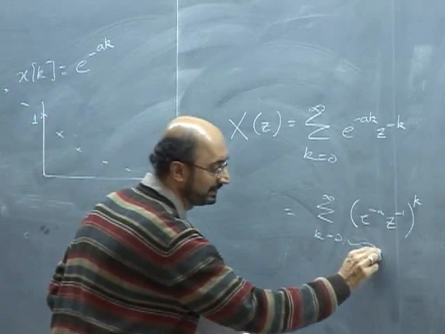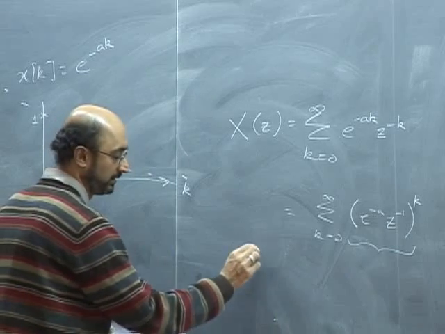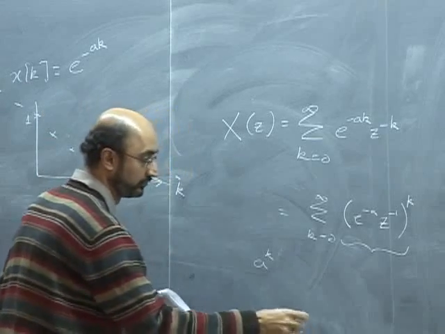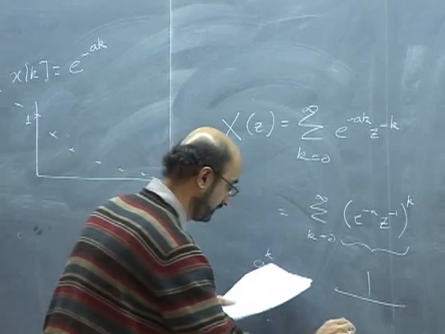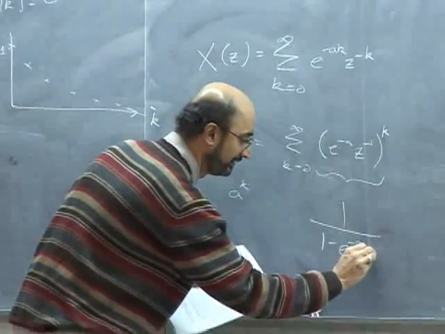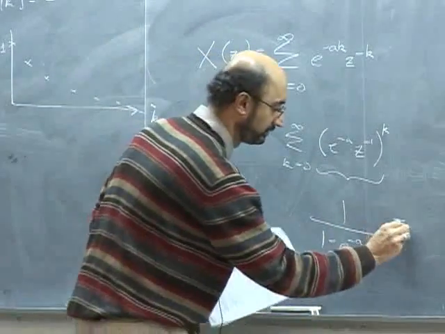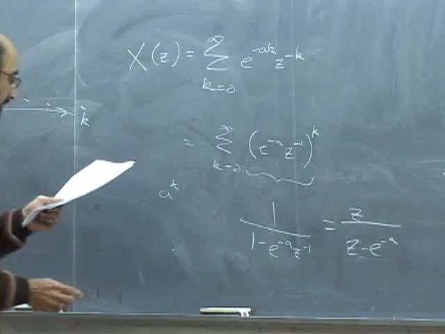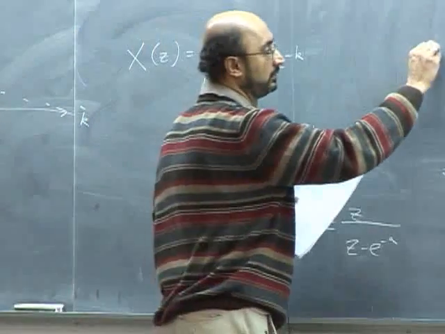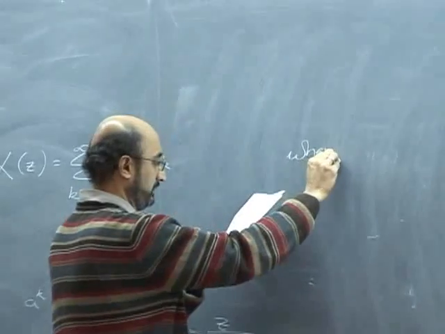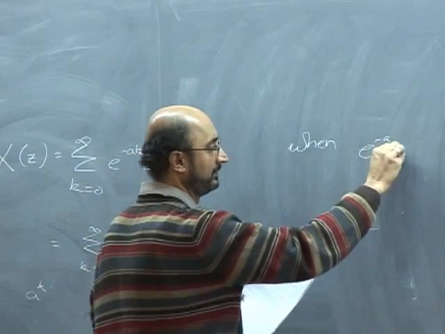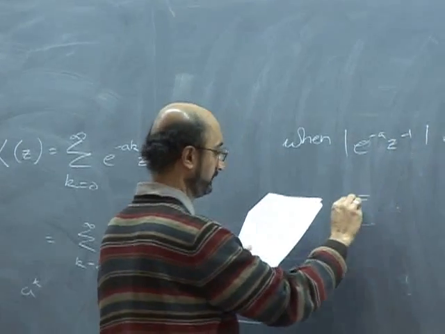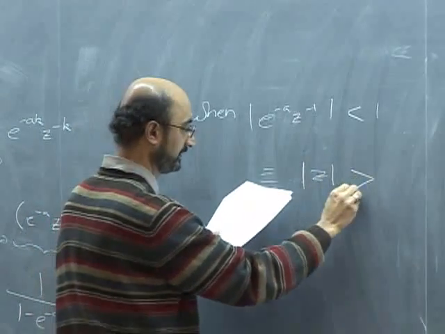This looks like something of the form a to the k, and it's going to converge to 1 over 1 minus e to the minus a z inverse, which is equal to z over z minus e to the minus a, either one. We have the region of convergence again when |e to the minus a z inverse| is less than 1, which is equivalent to |z| greater than e to the minus a.